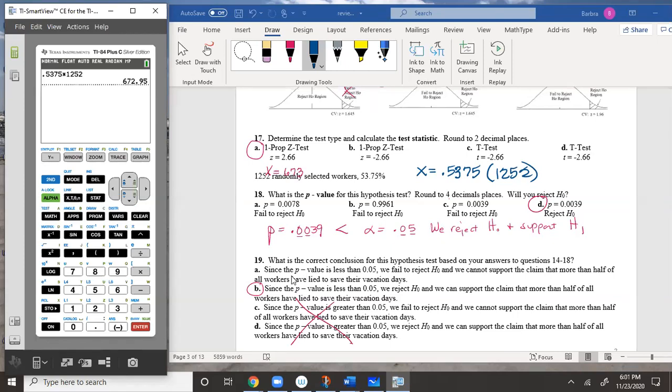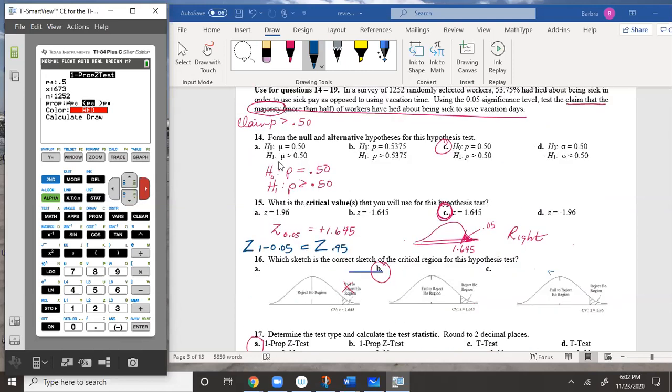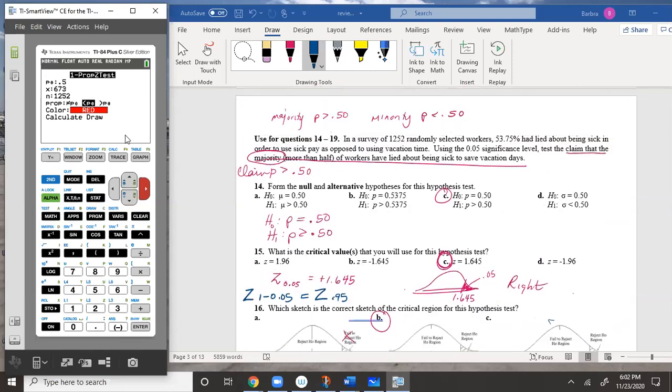Now we go to the one proportion Z test. 0.5. X is 673. N is 1252. And my setup is greater than, because they said it was a majority. And then calculate.